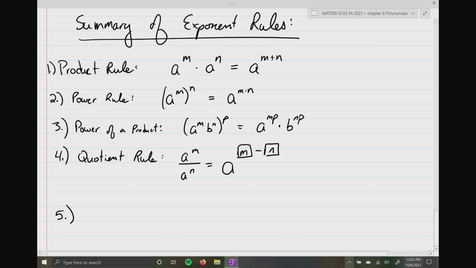Our fifth rule, zero exponent rule. Anything to the 0 power is 1 as long as a doesn't equal 0.